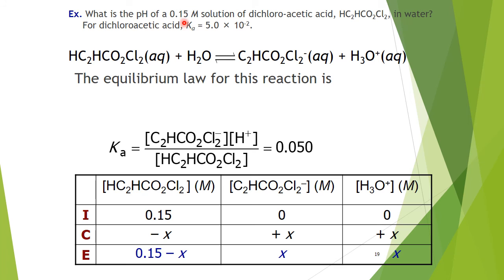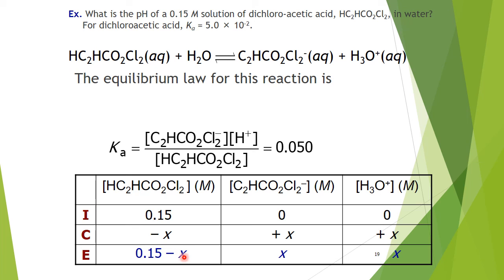I have 0.15 molar dichloroacetic acid, and I want to figure out the pH. Okay, so here's your equation. You plug it in down here, and your initial is 0.15, going to 0, 0, and so forth. Everything looks the same. So what we're interested in now is this value. Is this going to affect this value?